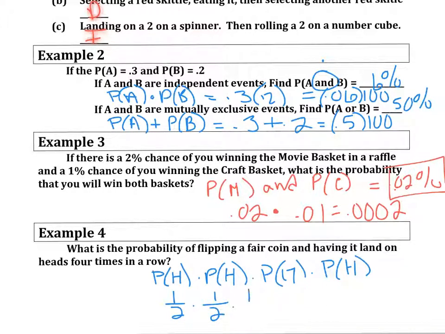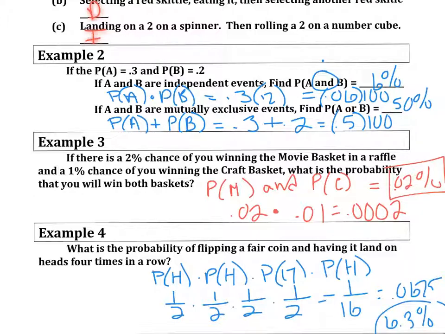So when we multiply these together, we end up with 1/16, which would be 0.0625, which is about 6.3%. So not very likely at all.